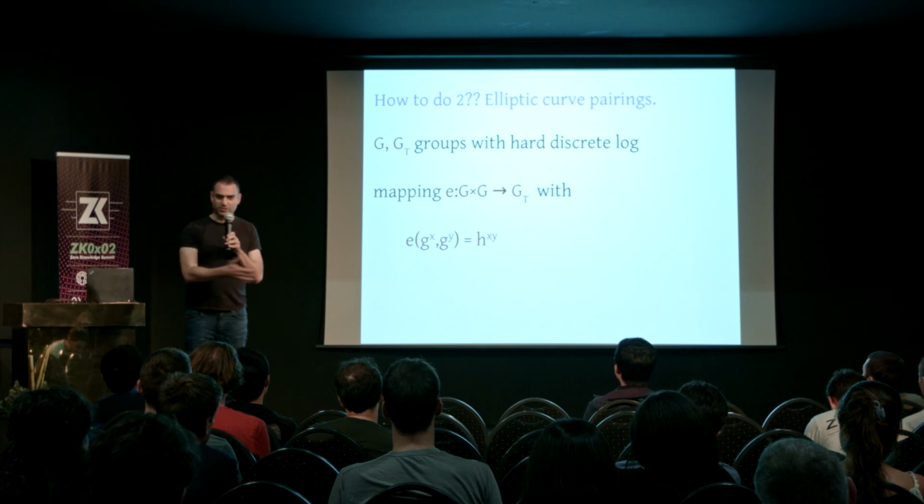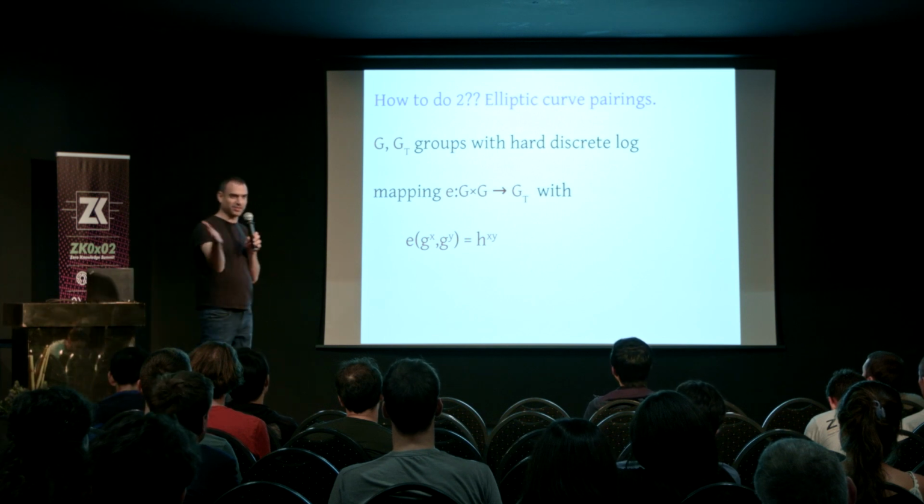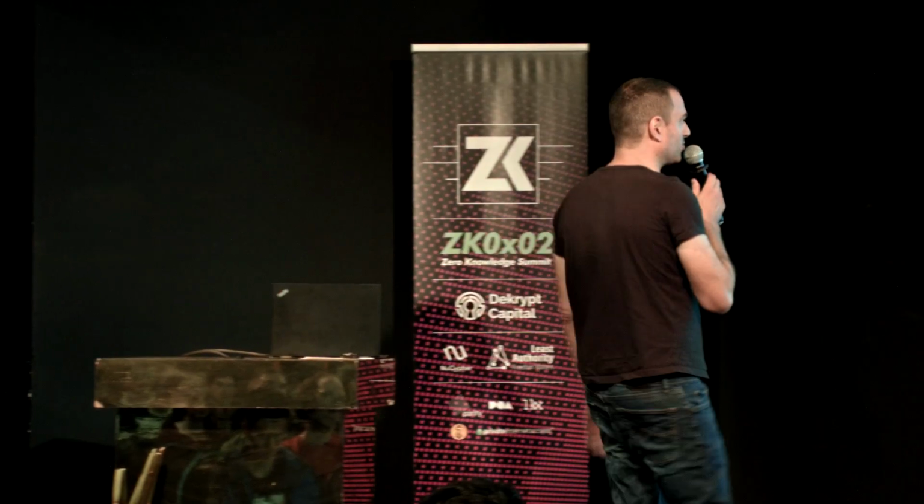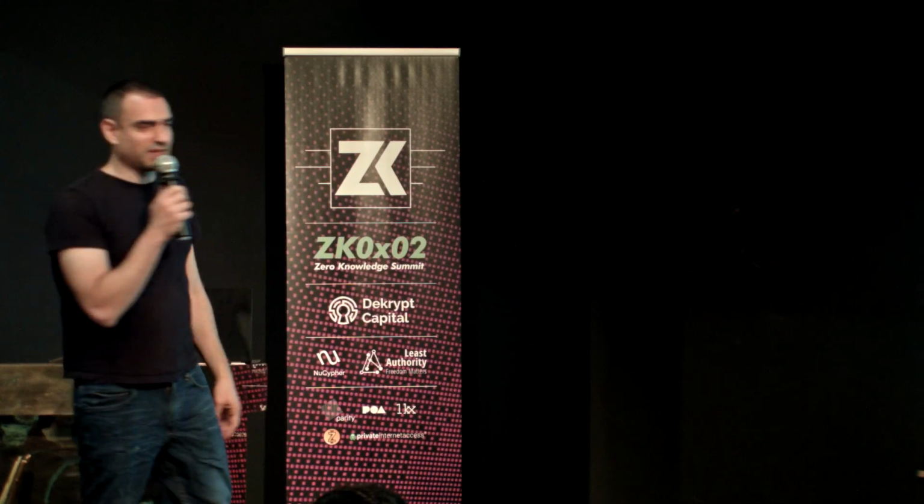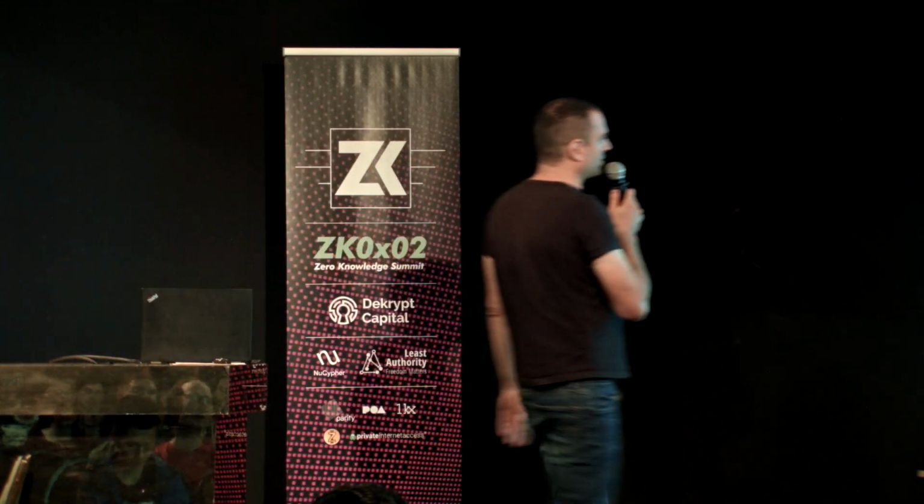They cared about the Riemann hypothesis and proving things about prime numbers. And so elliptic curve pairings are where a lot of the math magic happens. This pairing gives you this thing.